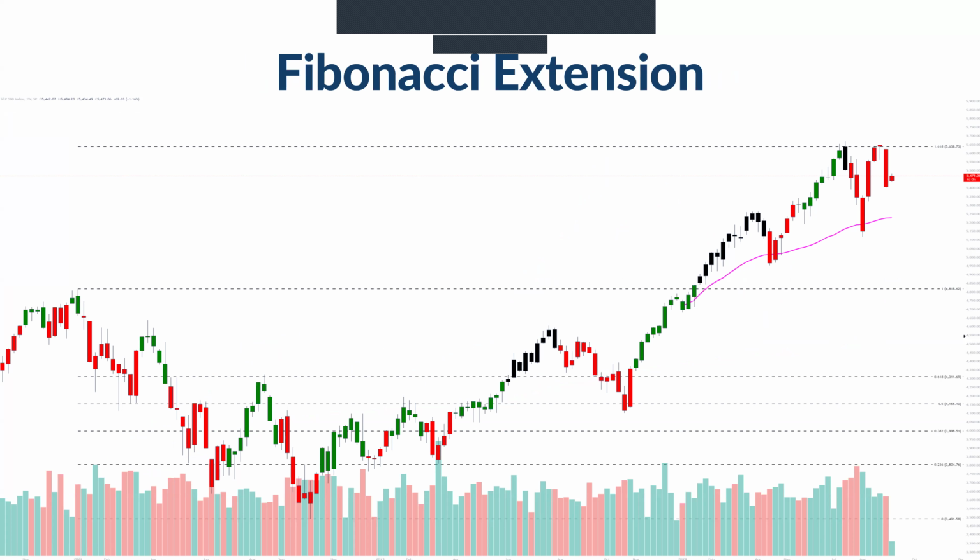The fib extension. So the fib extension, how perfect is this actually? This is a beautiful fib extension of the 2022 high in the S&P 500 to the low, and it operated perfectly to a T. I wrote about this back on our website.